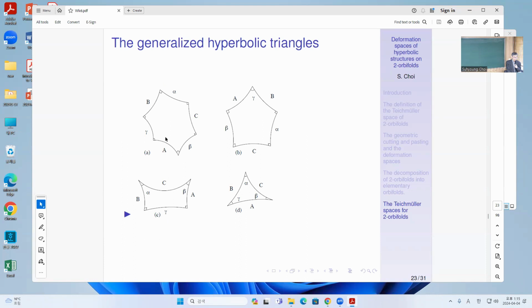Here you can think of alpha and beta becoming an angle, so it becomes an ideal point and then an angle. And finally alpha, beta, gamma all become angles like this. So those are the four generalized hyperbolic triangles.